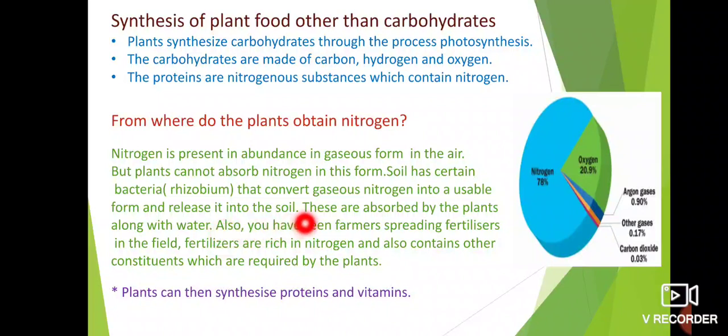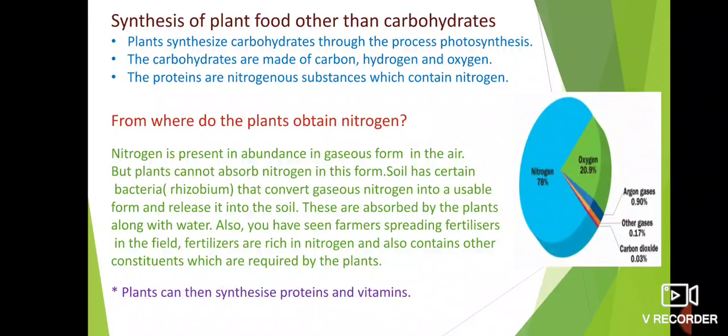The root of a plant absorbs water, we all know. Along with that water, plants also absorb the converted, usable form of nitrogen. Like this, rhizobium bacteria help the plants to absorb nitrogen.